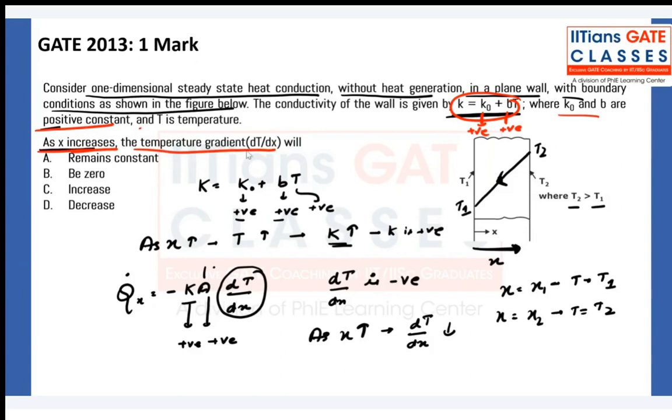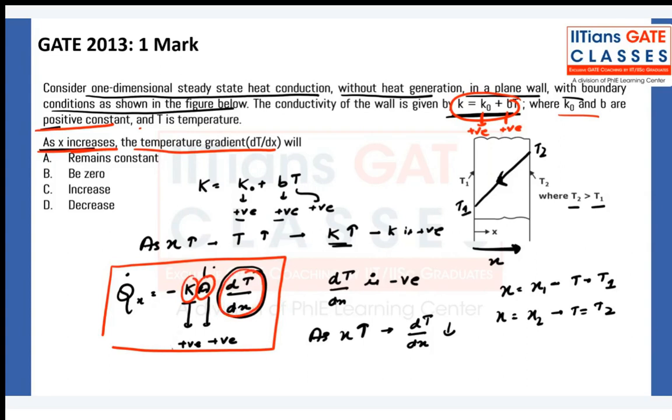So I know this is the relation: Q = -KA dT/dx. Now I already know that area will be positive, of course. Area cannot be negative. So if K comes out to be negative and this comes out to be negative, that means we have a positive value.